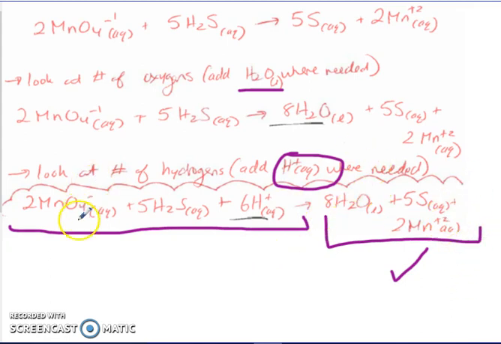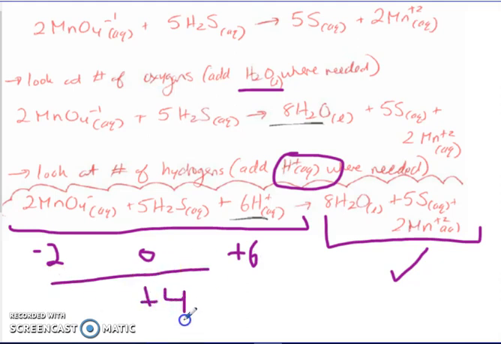What I mean by that: the permanganate ion is a -1, but there are 2 of them. So this is like -2, right? So -2, this is no charge, so it's 0. And 6 hydrogens would be +6. So on this side, all together, we have +4.